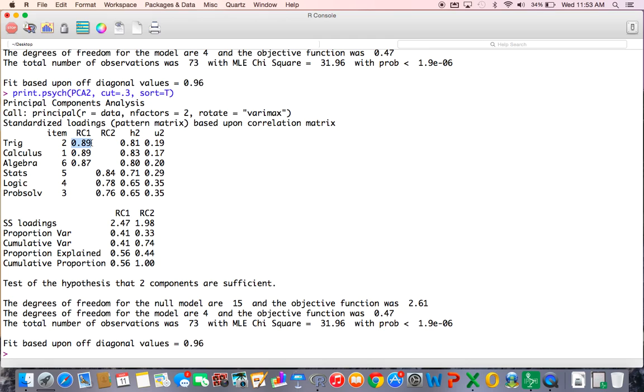I'll tell you what, if this were a negative number, and sometimes these numbers are, it just tells us that a high score on the factor indicates a low score on the subject, because we're ultimately going to create what are called factor scores, and so again, higher scores on the factor indicate a lower score, but these are all positive. So this tells me that a higher score on this first factor indicates a higher score on the trig factor and calculus and algebra, and the same thing for factor number 2. Okay.